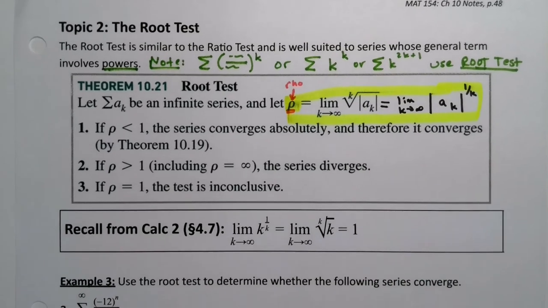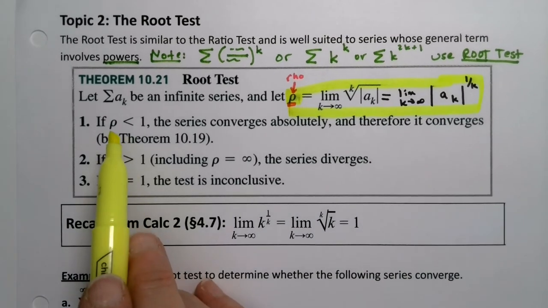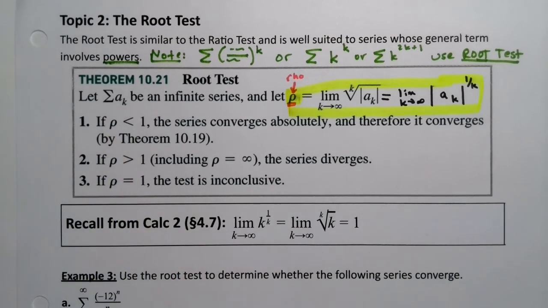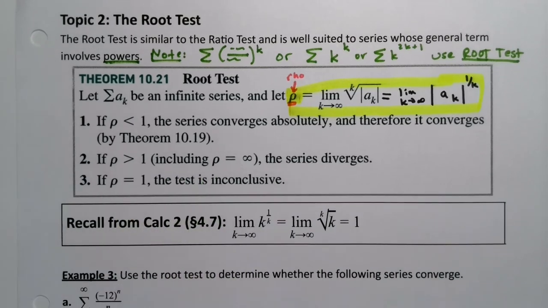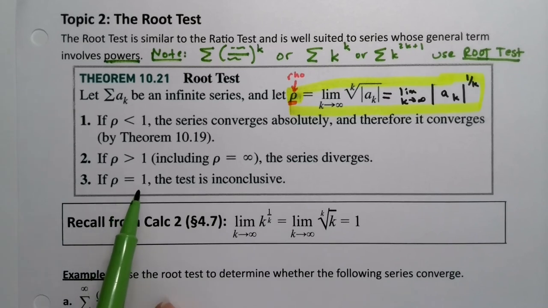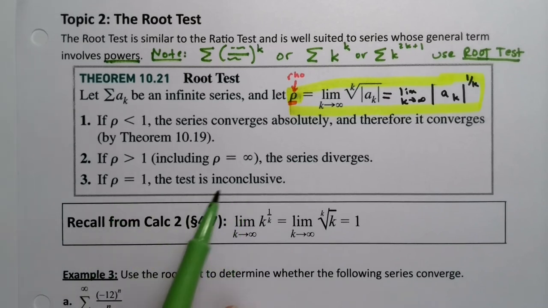If it is less than 1, then the series will converge absolutely, and therefore converges, because convergent absolutely implies convergent. If rho is greater than 1, including if rho is infinity, then the series diverges. And if rho is equal to 1, the test is inconclusive, and you'll have to use a different test.